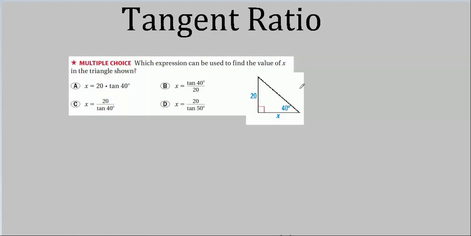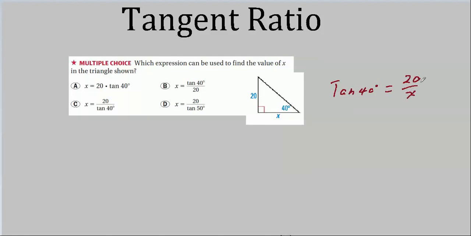So let's write out what this is in terms of tangents. This is the angle here we're concerned about. We want opposite over adjacent. So we have the tangent of 40 degrees equals 20 over x.